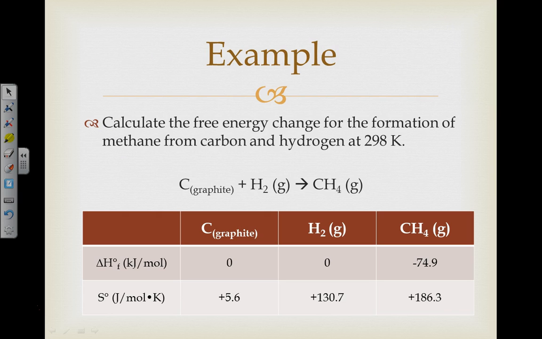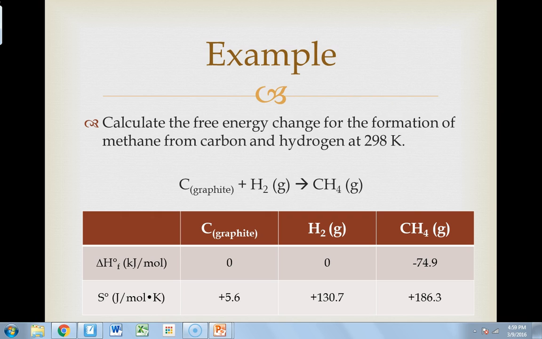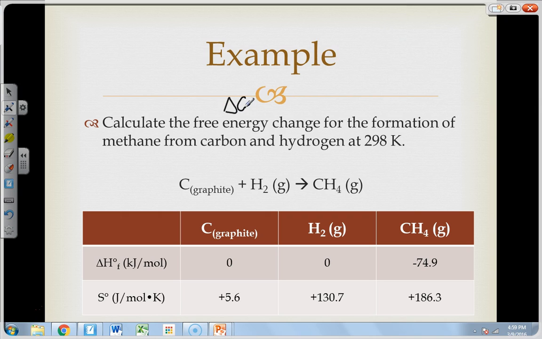Okay, so let's do an example. It says calculate the free energy change, delta G naught, for the formation of methane from carbon and hydrogen. So here's C graphite, and then H2 gas. In order to do this, notice the values that we're given are not delta G's.